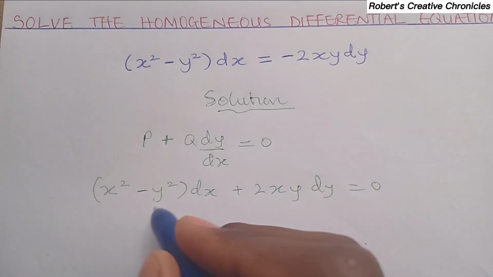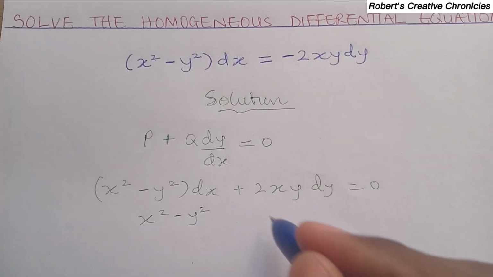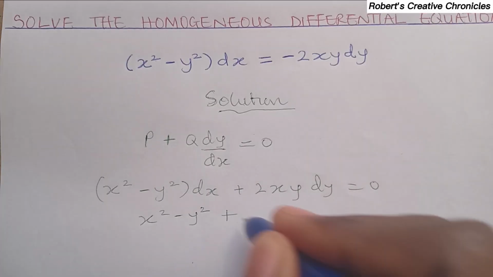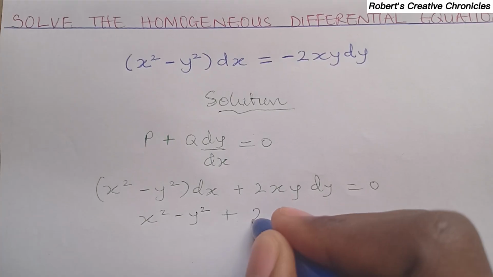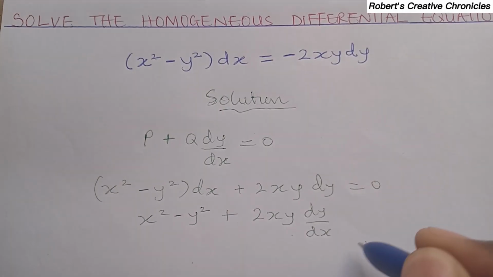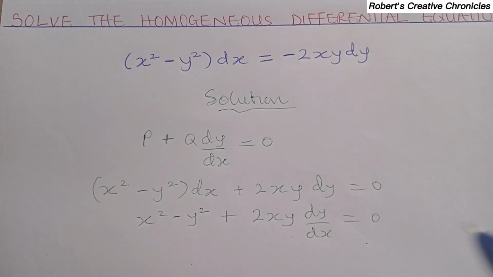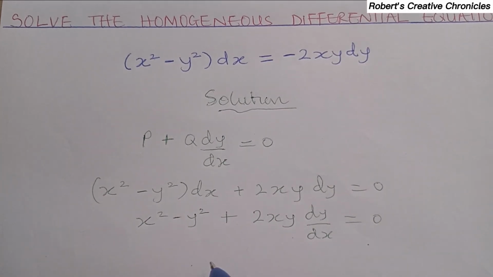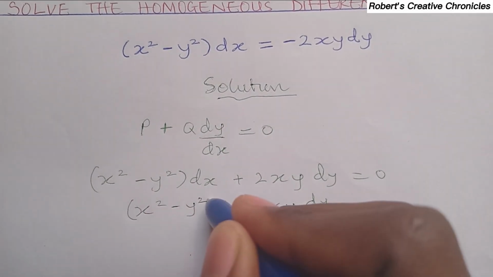So if we divide here by dx, we'll get (x squared minus y squared) plus 2xy dy over dx. 0 over dx is 0. So now we can put this in bracket.